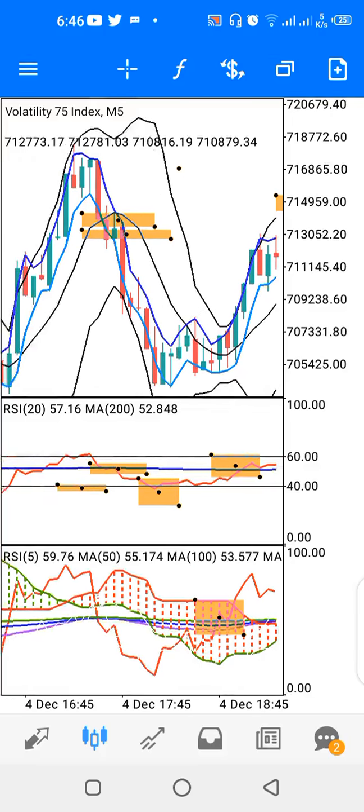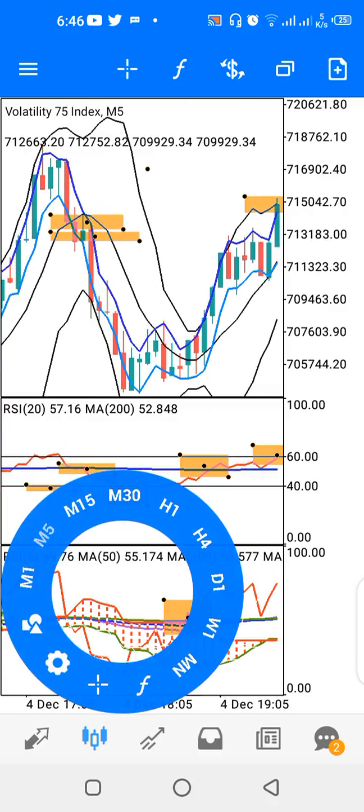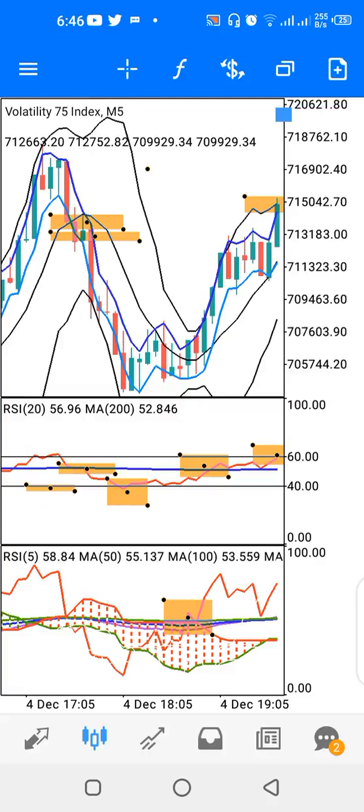When it crosses below all lines or Ichimoku, just like what you have around here, you have your sell signal.